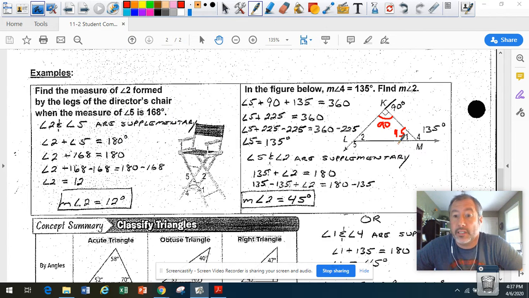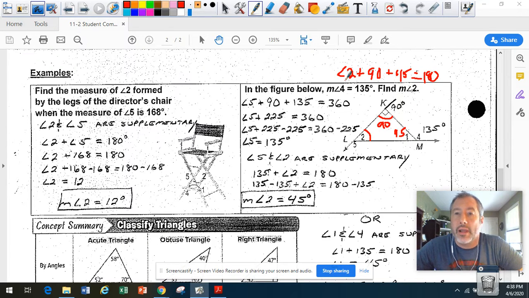Now, all that I really need to do to figure out the measurement of angle 2 is say: angle 2 plus our 90 degrees plus the 45 degrees has to equal 180 degrees.